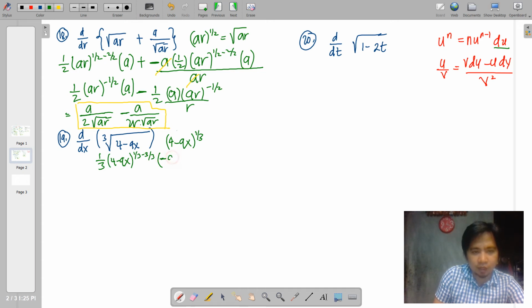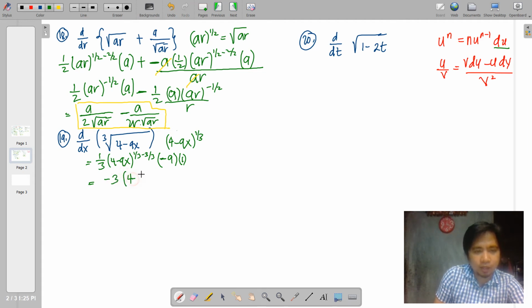The differential of x is dx all over dx, so perhaps you can also reflect that one. And then finally, negative 9 all over 3, or that is equivalent to negative 3.